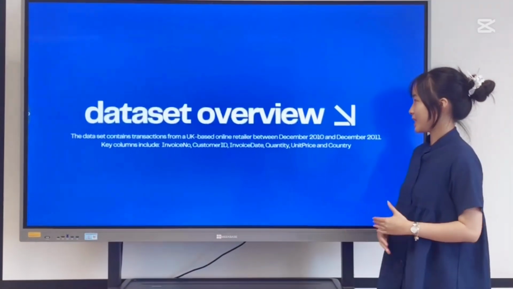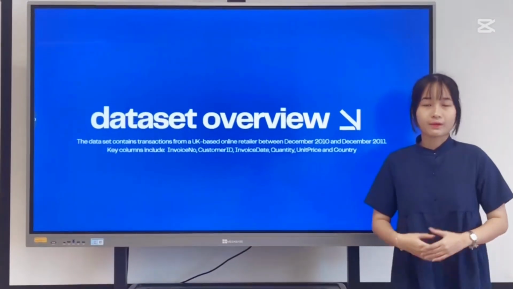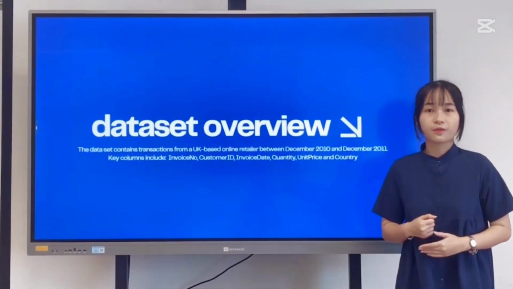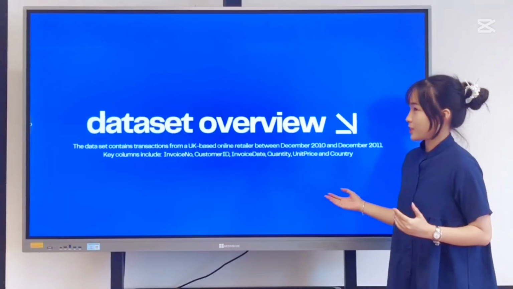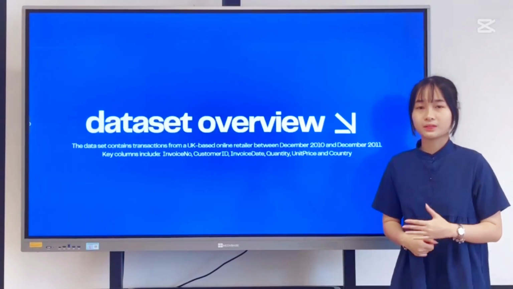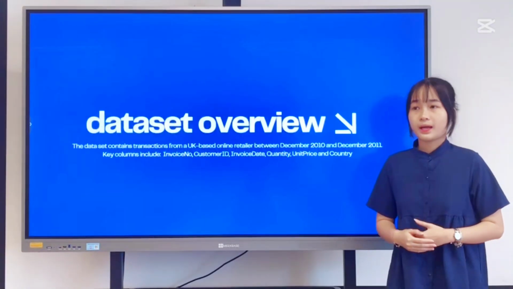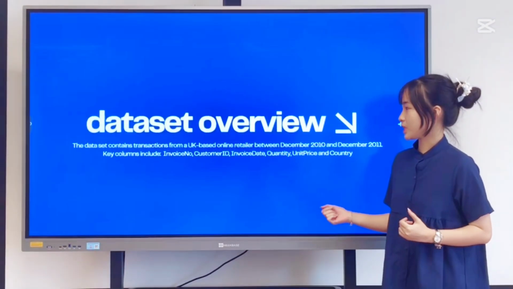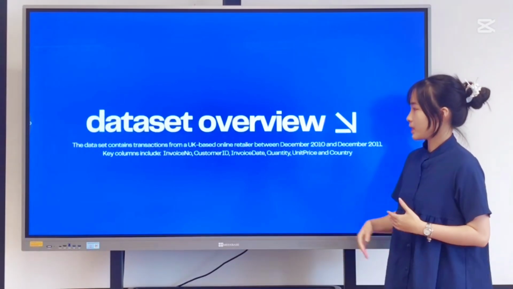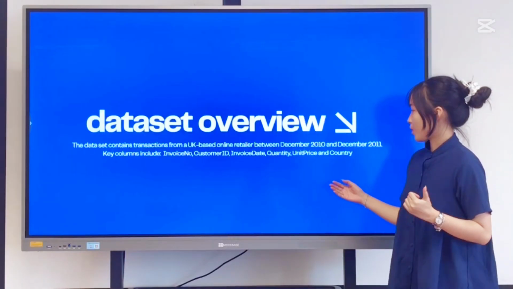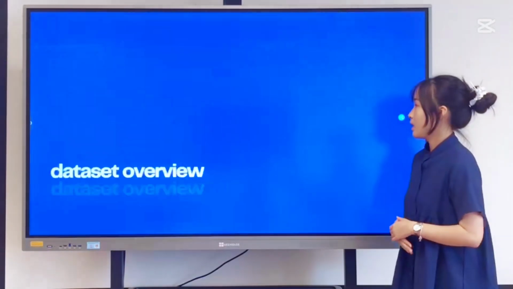Next is the dataset overview. Our dataset has over 540,000 transactions between December 2010 and 2011. The information contains key columns including invoice number, customer ID, invoice date, quantity, unit price, and country.